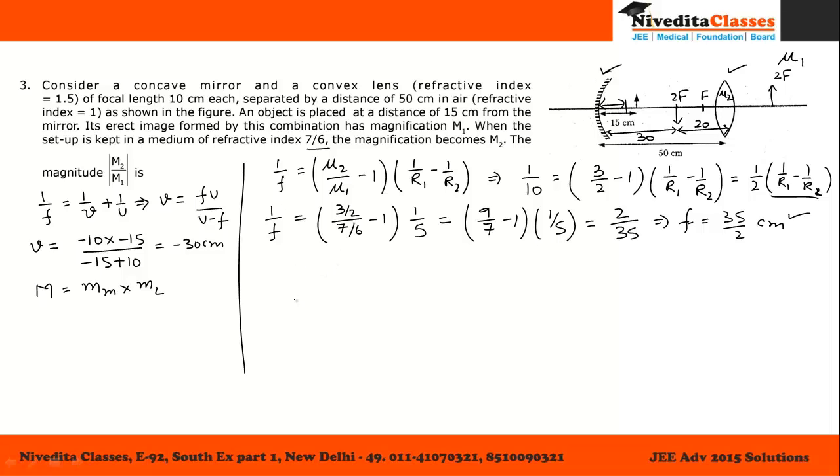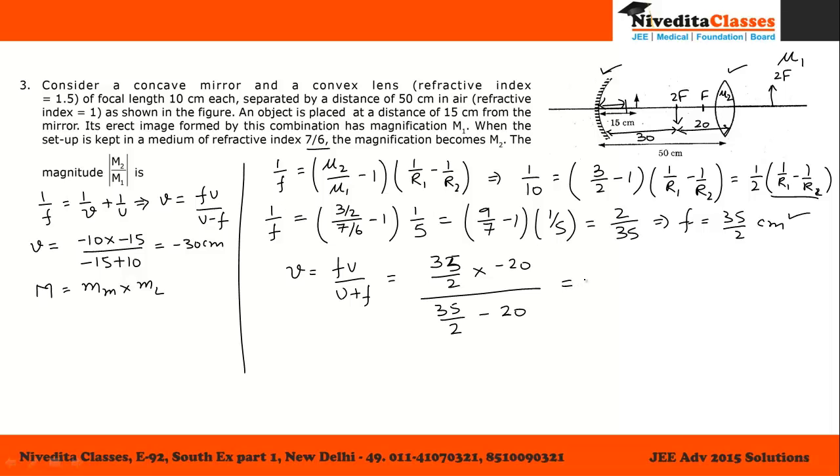So using the lens formula, we have v is equal to f u divided by u plus f, and our f which is given to us is 35 divided by 2, multiplied by u which is minus 20, divided by 35 divided by 2 minus 20.